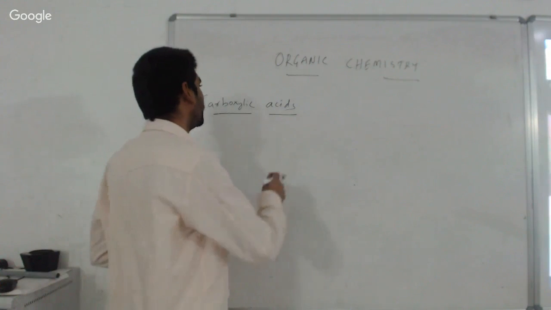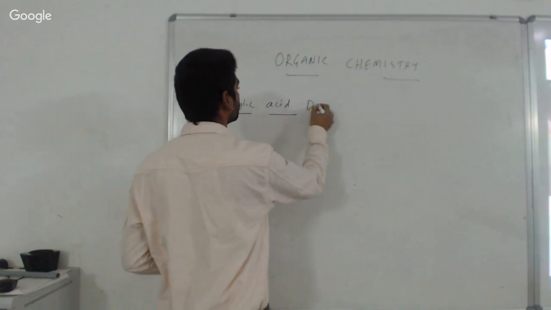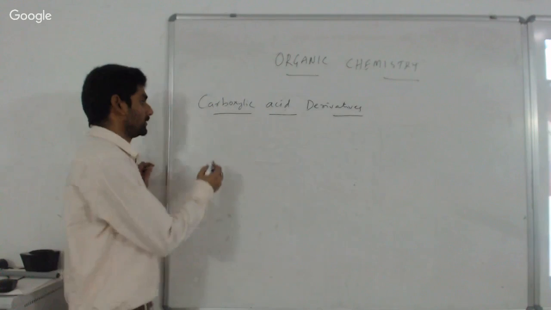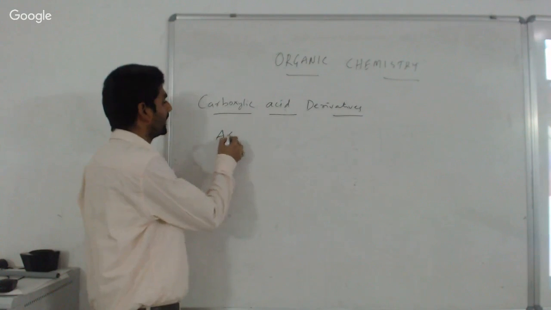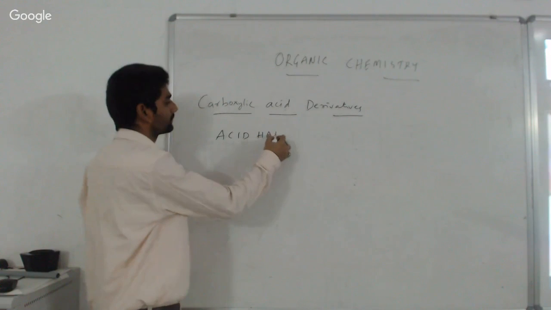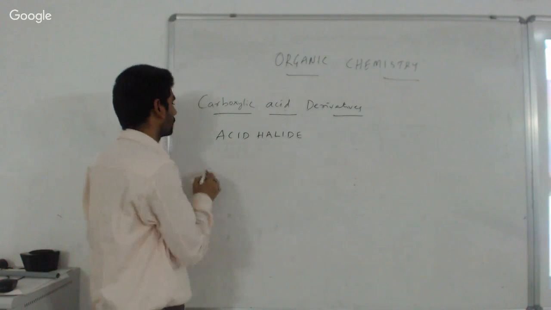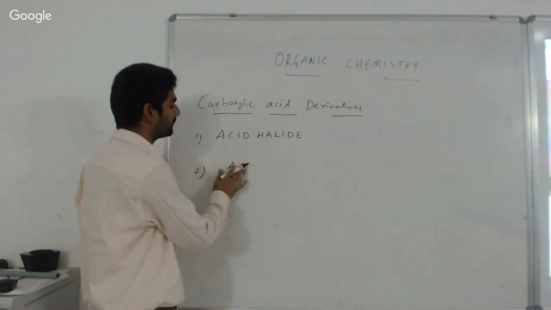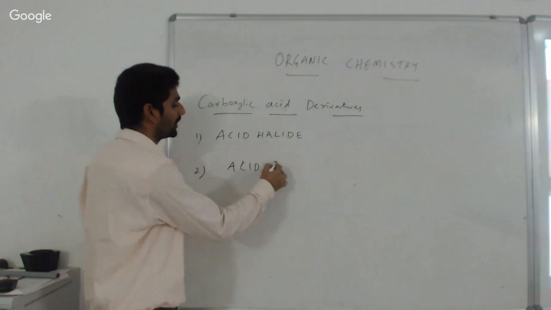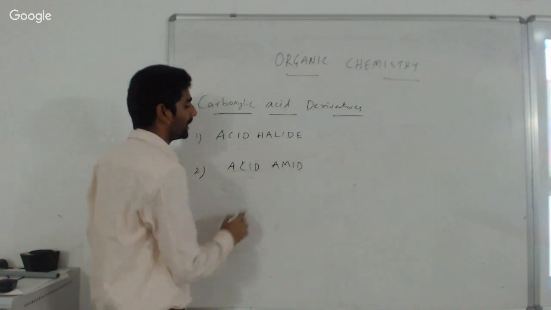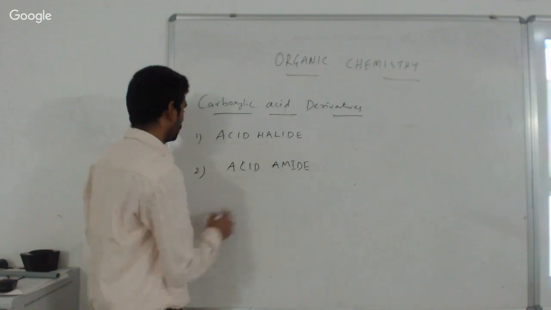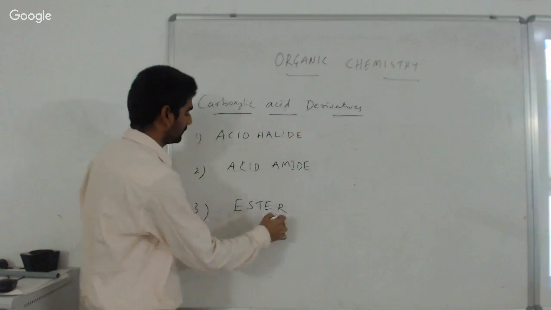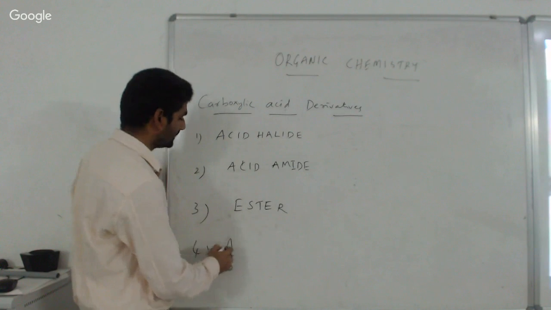Now, carboxylic acid derivatives: acid halides, acid amide (simply called amide), ester, acid anhydride.